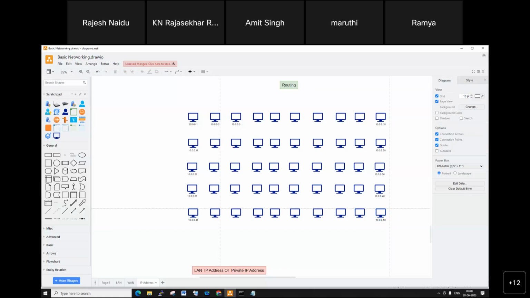This is the way IP addresses will be arranged. Is that clear? How the IP address will be assigned to the system?